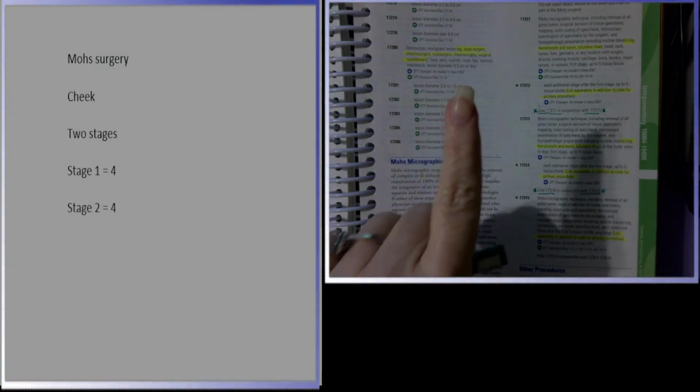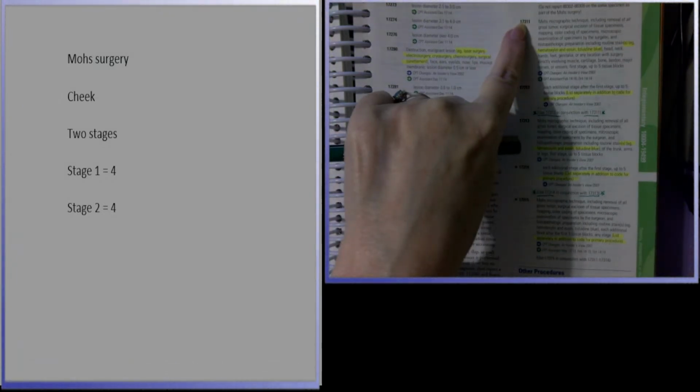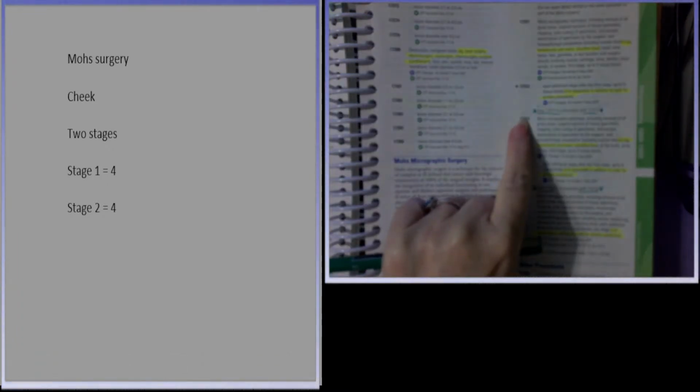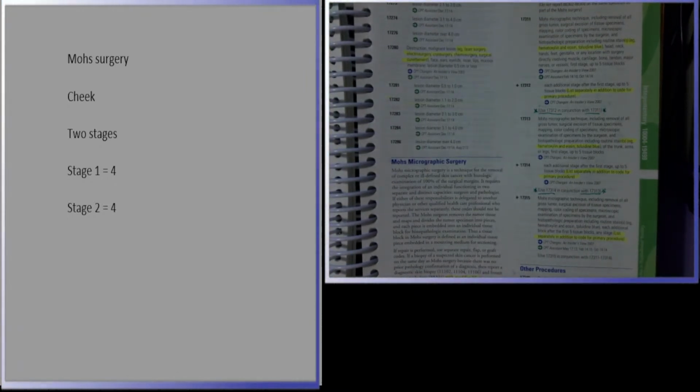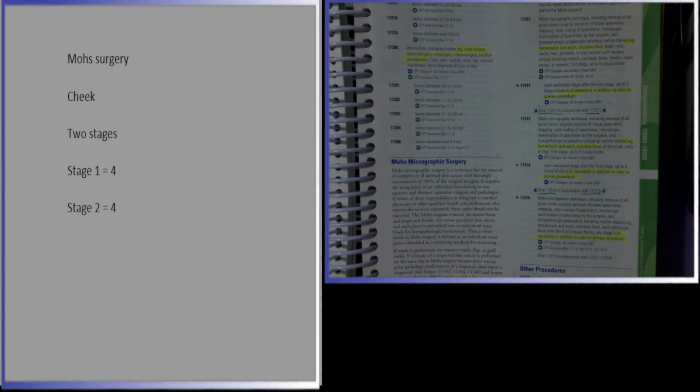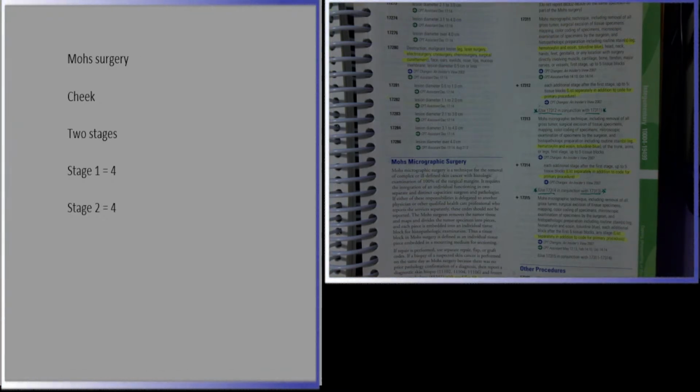First section is you have to pick what body part, and that'll get you 11 or 13. So, according to my question, we're on the cheek. So are we doing 11 or 13?